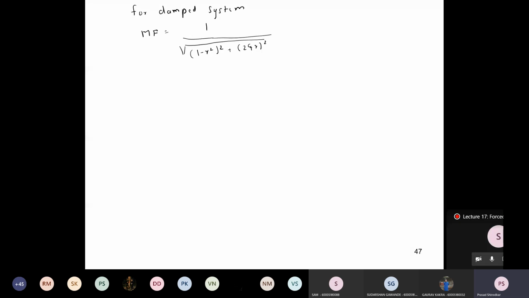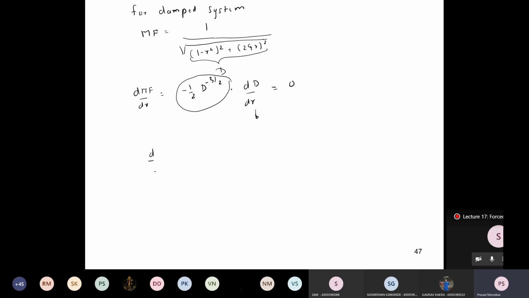Let's call the term under the square root d. The derivative of the magnification factor with respect to r will be minus half into d raised to minus 3 by 2 into the derivative of the d term with respect to r, and this will be equal to 0. This first term is not going to be 0, so obviously the derivative of d is going to be 0.